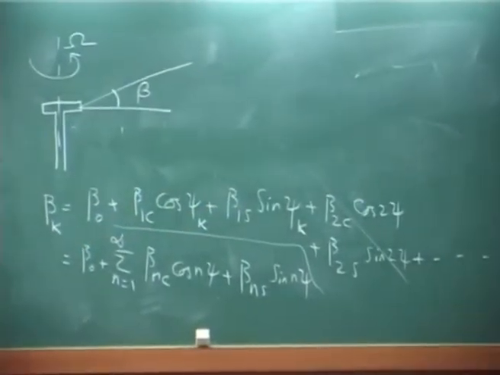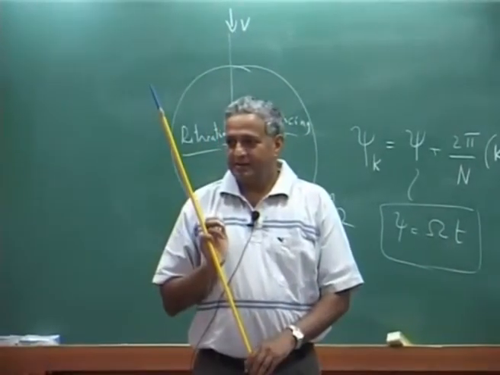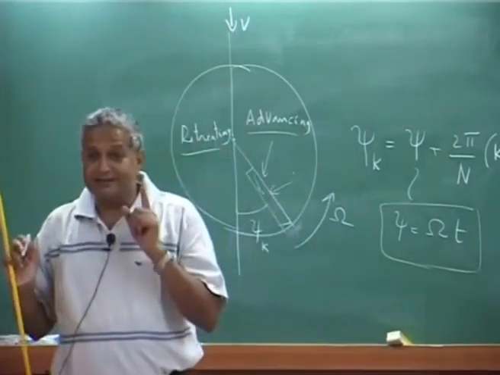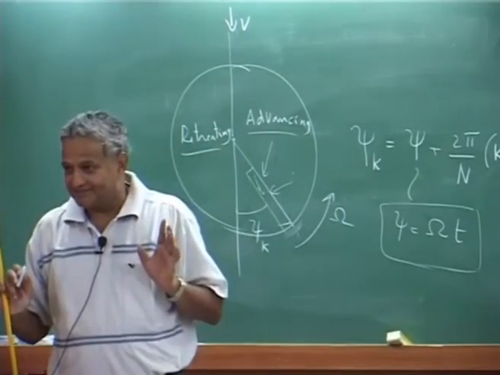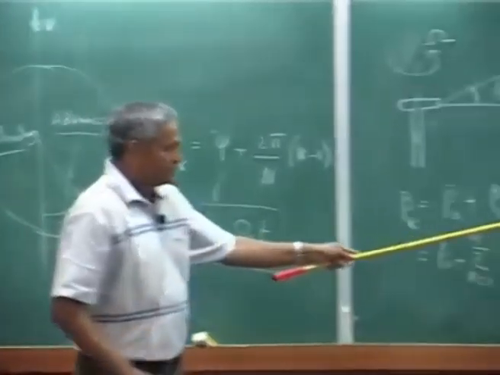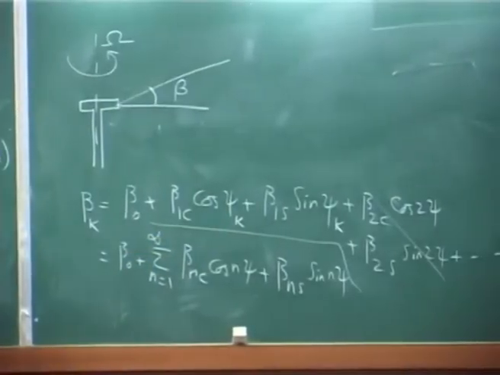That means, when it rotates, all the blades execute identical motion. When it comes to a particular value of the azimuth, you will have only one value. Okay, it is not that each one is doing independently.